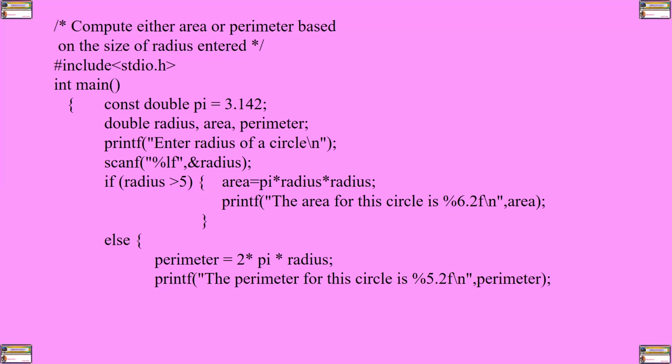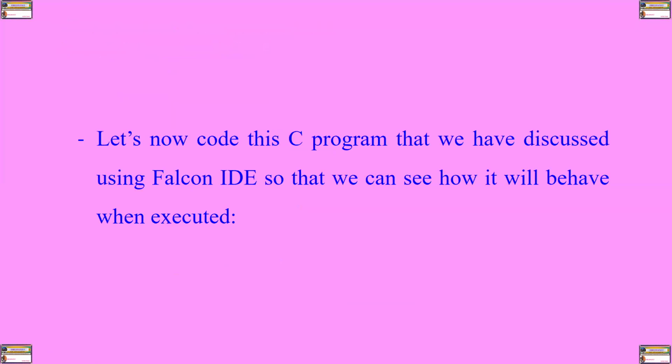And therefore, if, for example, the perimeter of the circle is 8.22, then the statement will read as follows. The perimeter for this circle is 8.22, and then the cursor will blink on the next line, and that will be the end of that program, because the control will be taken by the operating system, and the program ends.